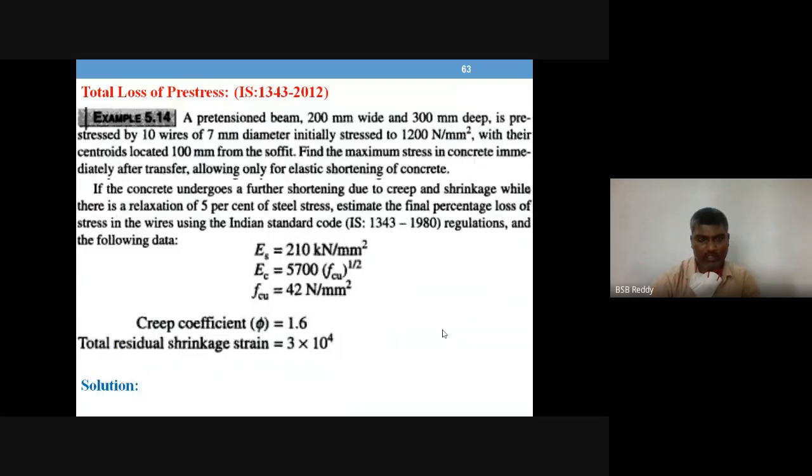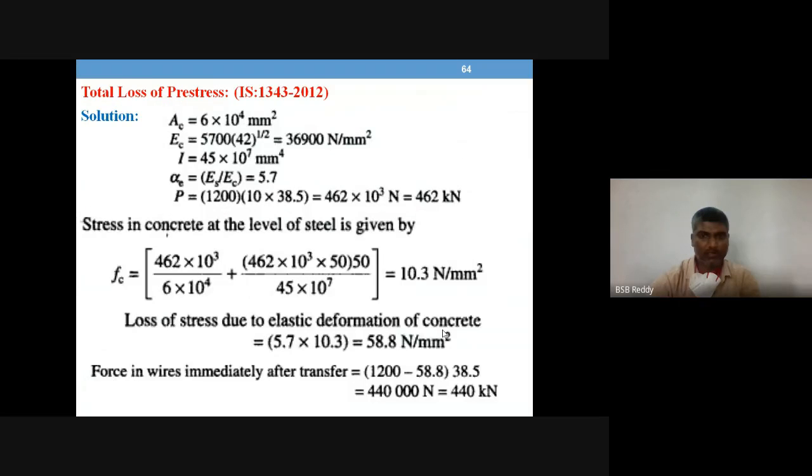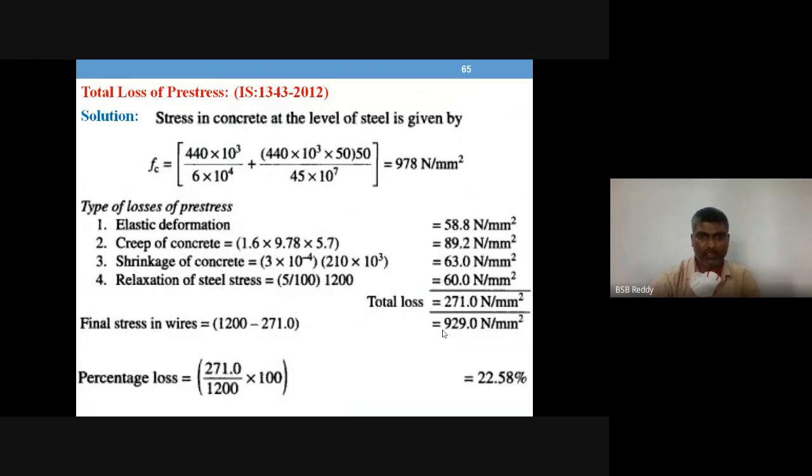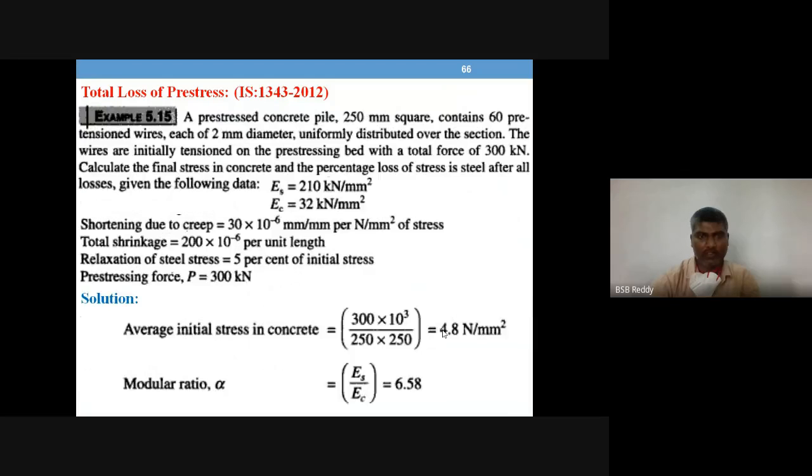So these are the things which we discussed in the last few sessions, and in the very last session also, we calculated the total losses in pre-tension members especially.